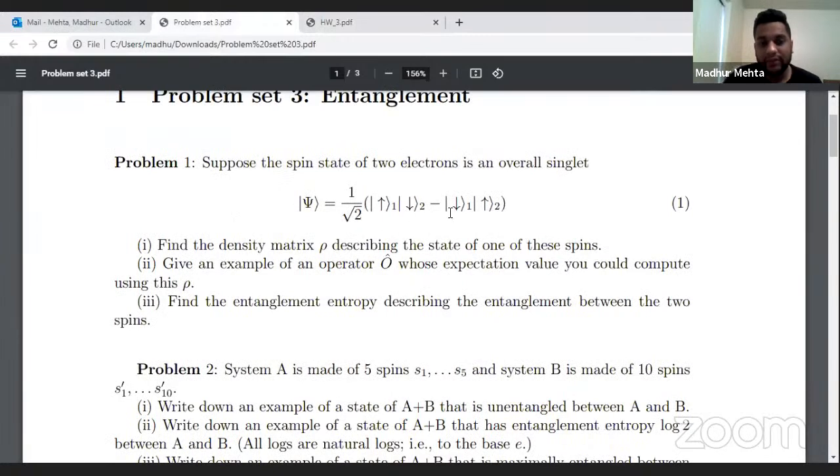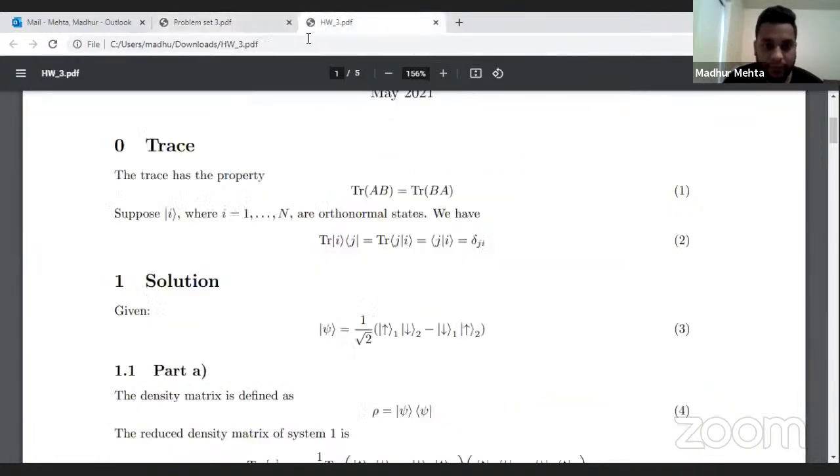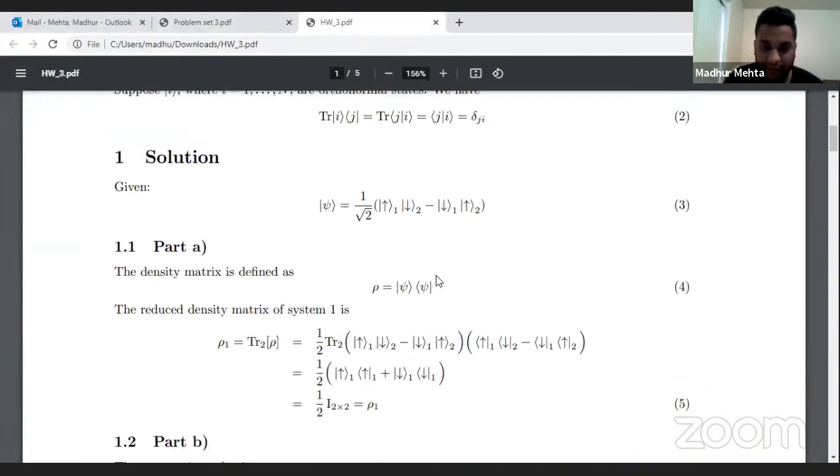The first problem gives us a state, and it wants us to calculate the density matrix, find an operator whose expectation we can calculate using this density matrix, and then find the entanglement entropy. So we start with the state, as the density matrix is defined as the outer product of these two states.